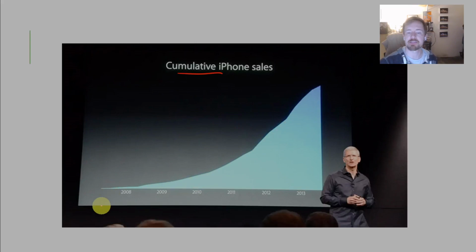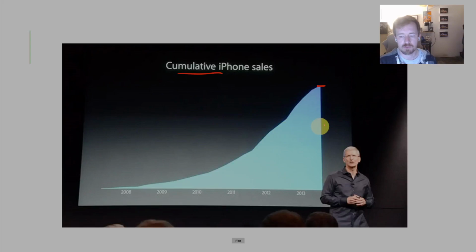But this is how many they have sold total up here. So this graph can never go down, right? You'll never have it go down from 2012 to 2013, because it's just looking at the total number sold. Not sold per year, but sold overall. That's what makes it cumulative.